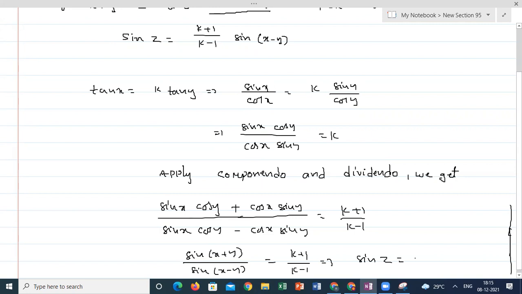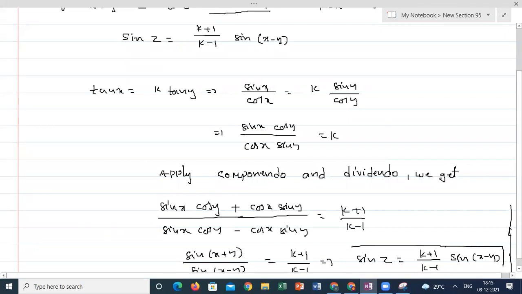So sin z will be equal to k plus 1 by k minus 1 of sin of x minus y. Hope we are clear what I have done here. Without much complicated calculation, simply with the help of ratios and proportions concept, I explained this one.